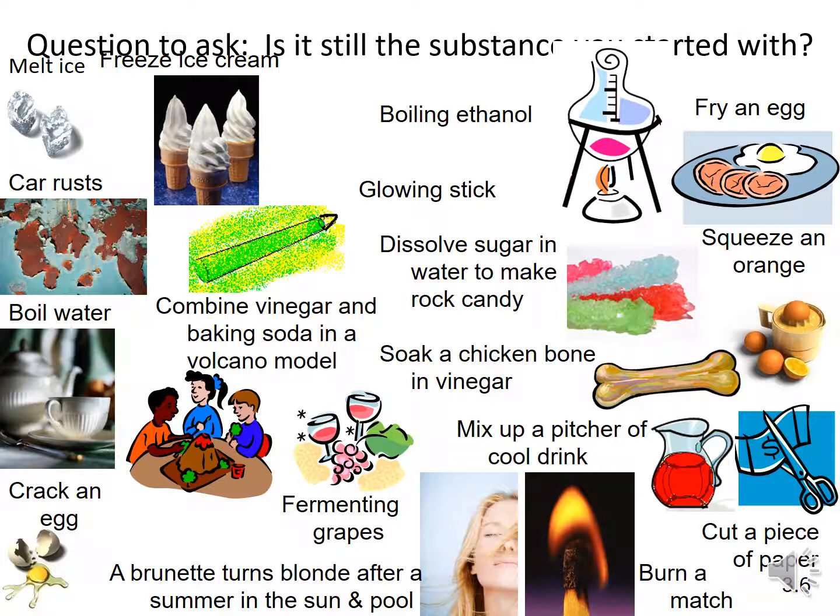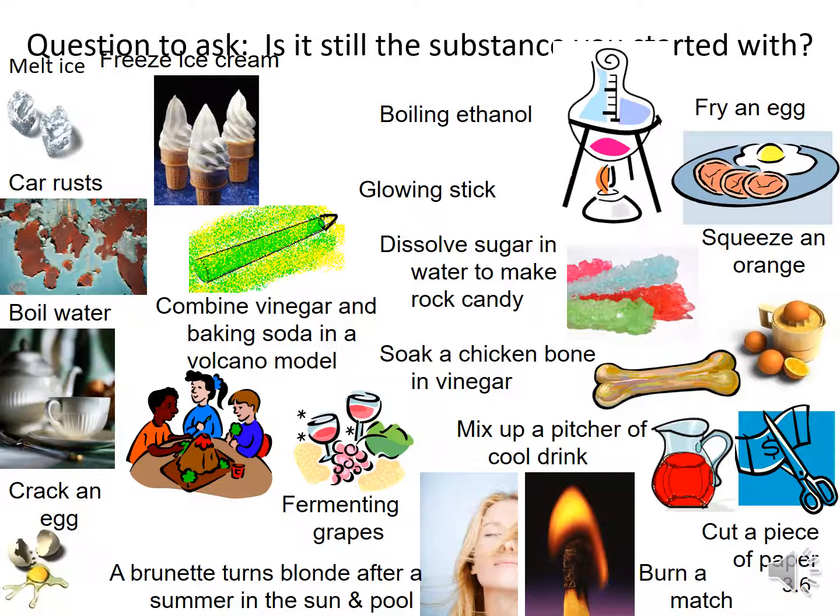When a brunette turns blonde after a summer in the sun in the pool, the change in color might indicate that some of the chemical dyes or the natural pigments in her hair are changing chemically from the action of the chlorine in the pool and the energy from the sun.